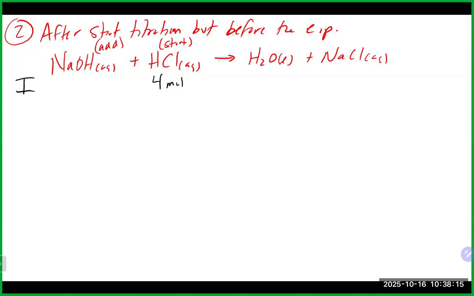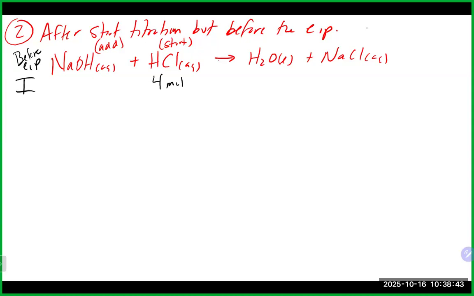I would get that number by taking the volume and the molarity of my HCl. Now, if I am before the equivalence point, which I am at this point, should the moles of my sodium hydroxide, the base that I'm adding, be less than, equal to, or greater than the moles that I started with?